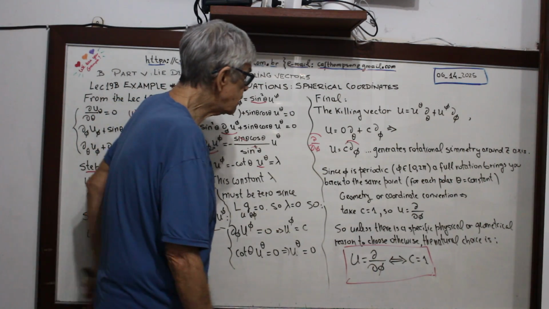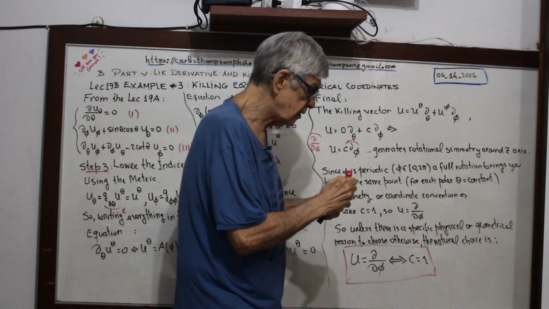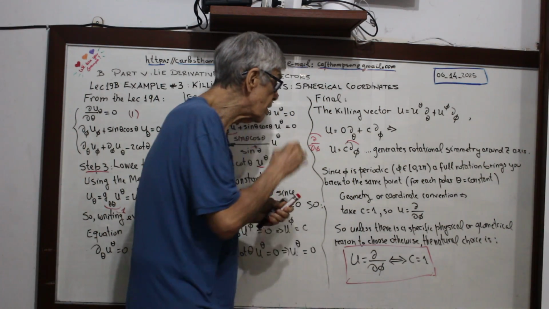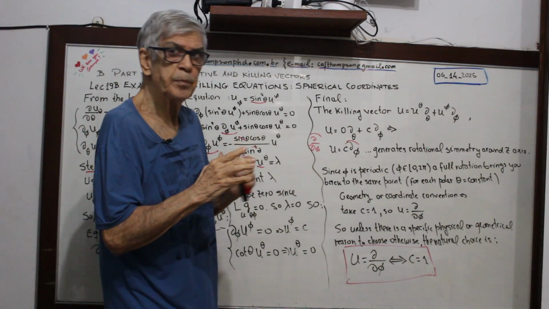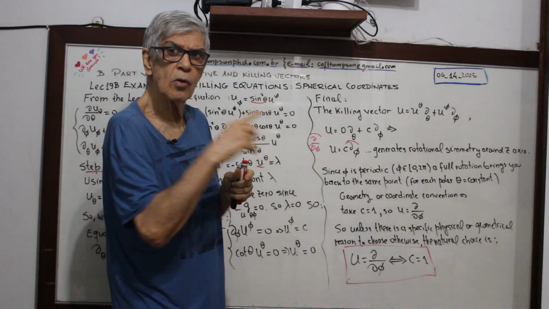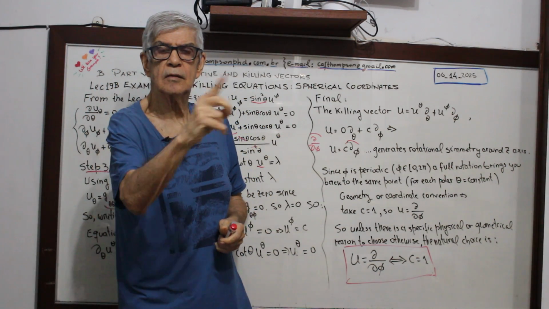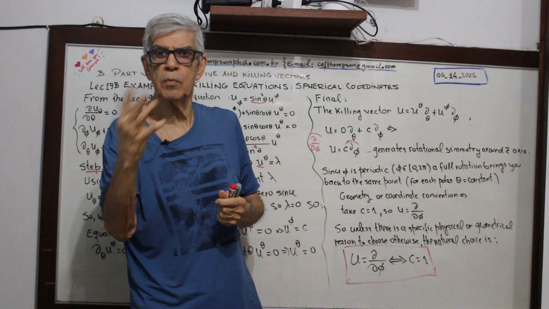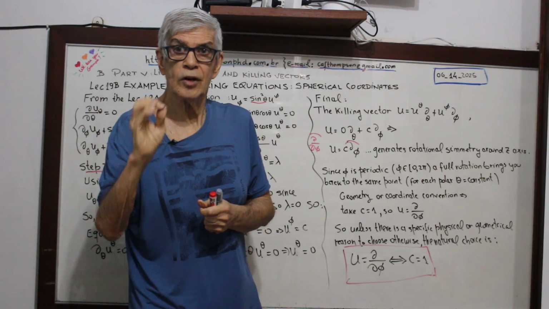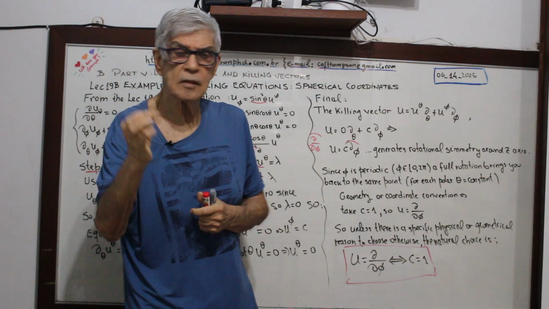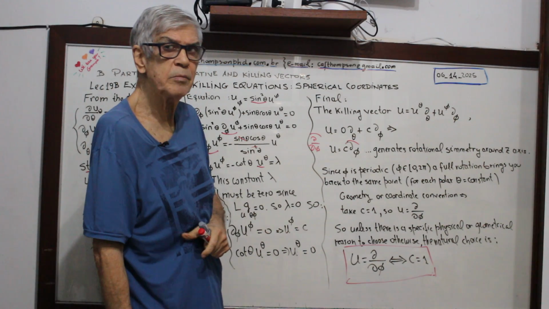Now, this generates rotational symmetry around the z axis. Don't forget, in this case phi is the azimuthal coordinate. You have a sphere, and phi varies from 0 to 2 pi. Theta is the polar coordinate. So for each constant theta, I have a rotational symmetry.